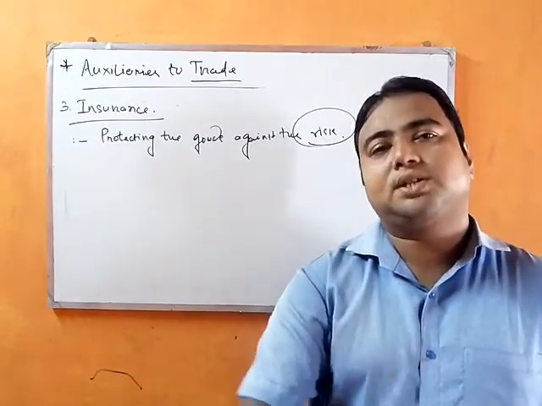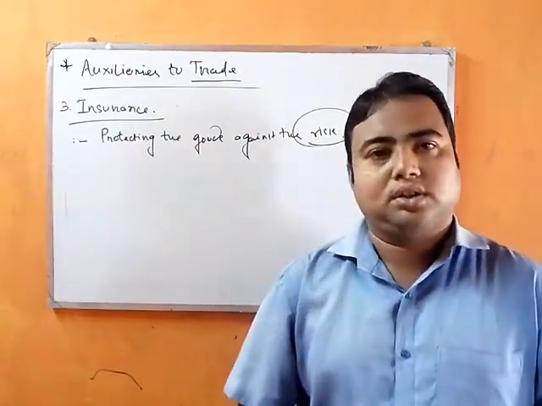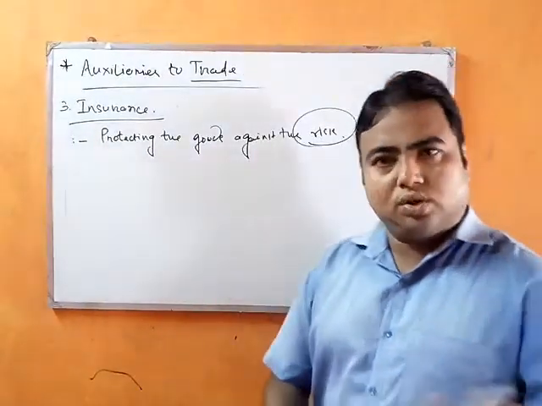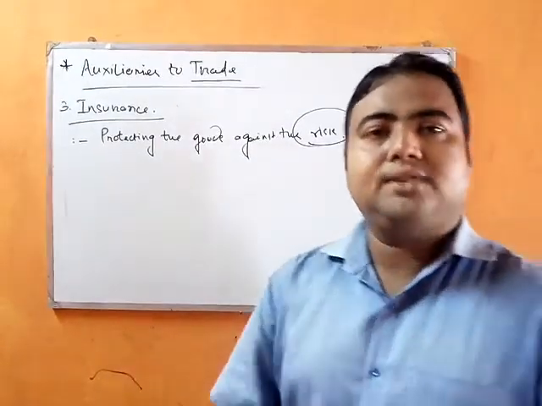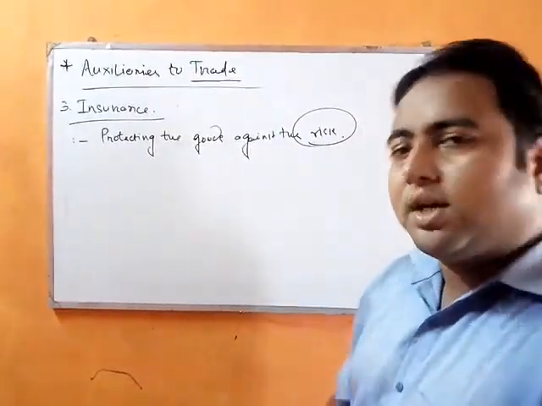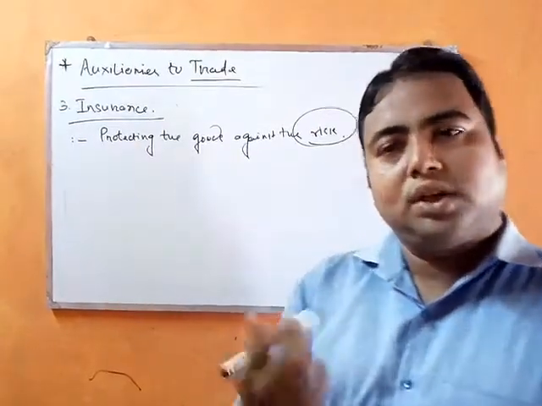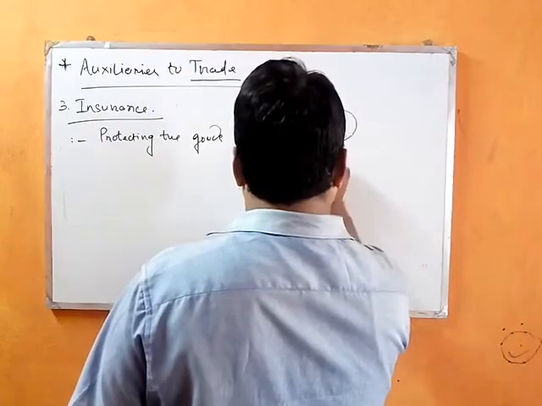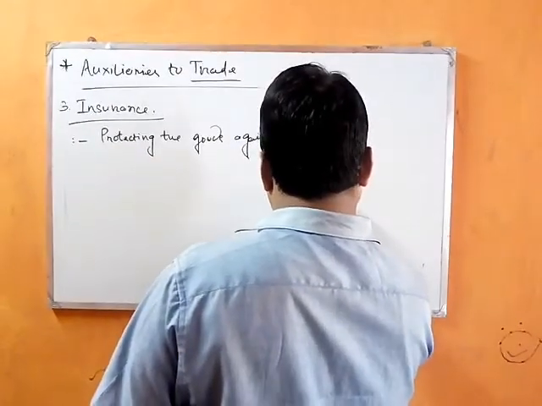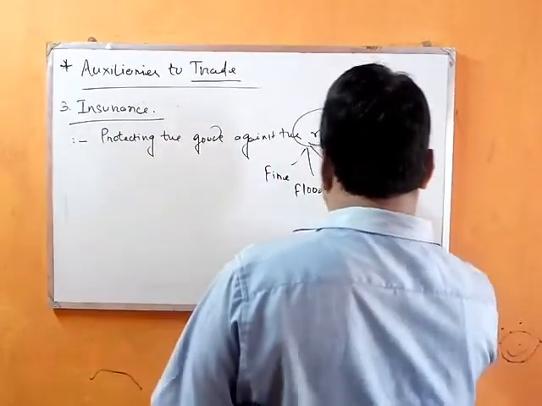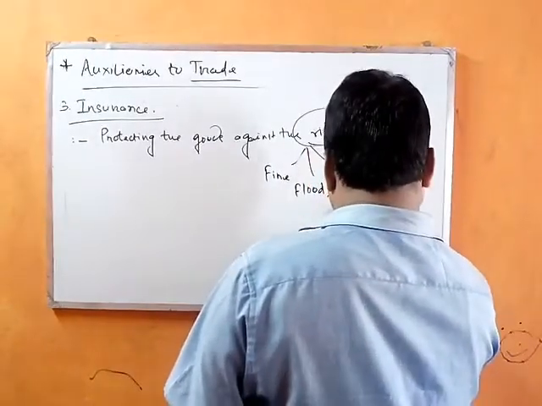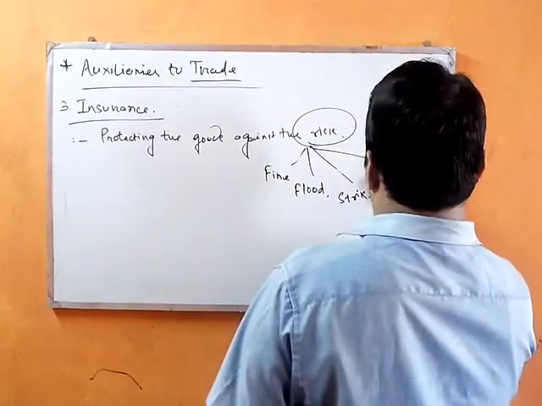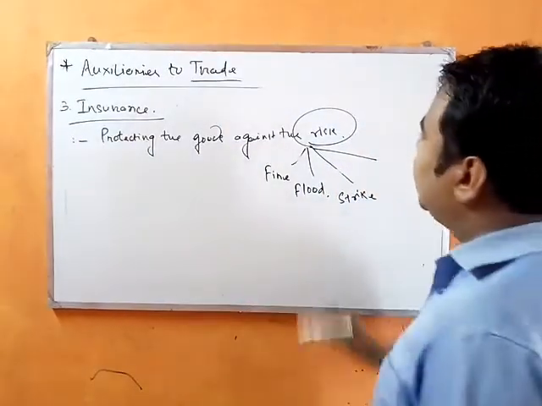Where there is the concept of business, there is the concept of risk. Risk may arise due to various factors. If we categorize some of the factors, risk for the business may arise due to fire.